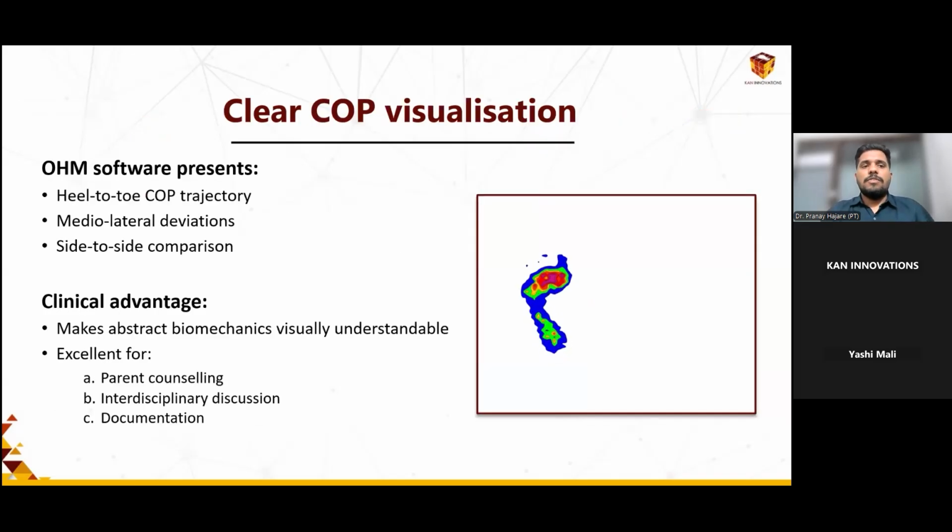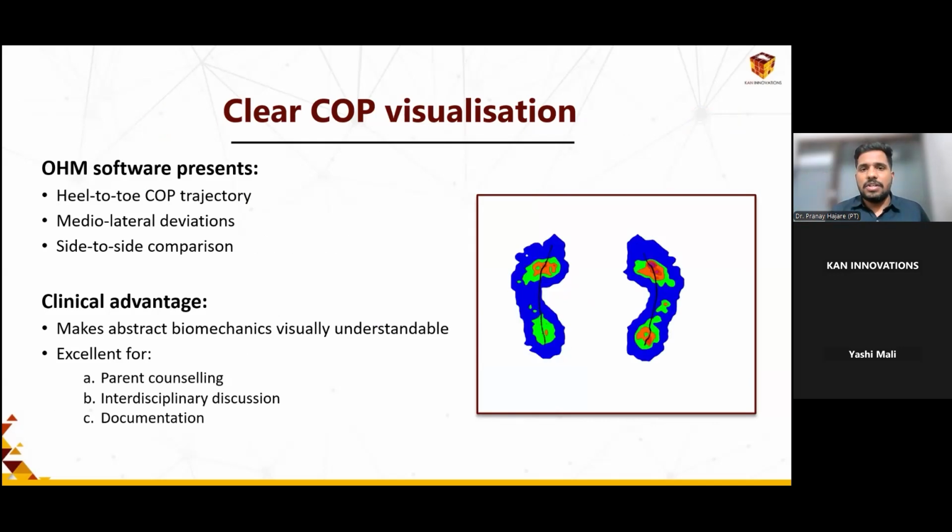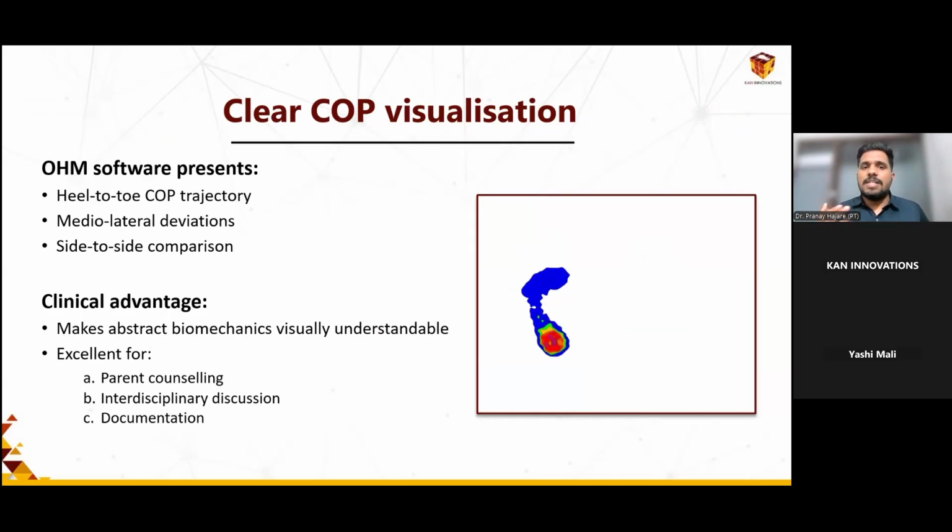So, clear COP visualization. The software presents the center of pressure data in a clinically meaningful and visually clear format. It shows the heel-to-toe COP trajectory, which allows you to understand how the weight progresses during the stance and during the gait phase.